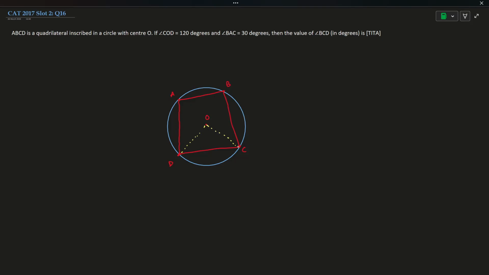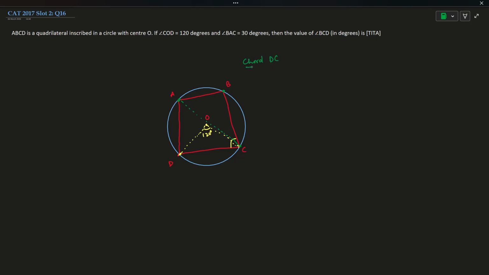This angle is COD, and this angle is 120 degrees. And we have to find angle BCD, that means this entire angle. And BAC is given. So BAC, this is B, this is A, I will join C.